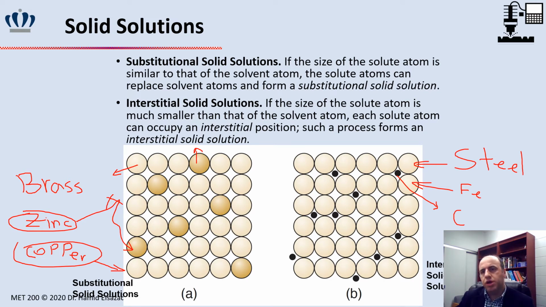The size of iron atoms is 0.12524, I think, nanometer, and the carbon atom is about 0.078 nanometer. So this is way smaller than the iron atom size.